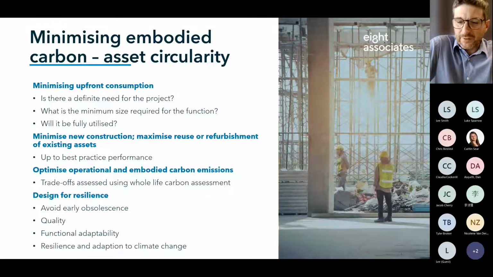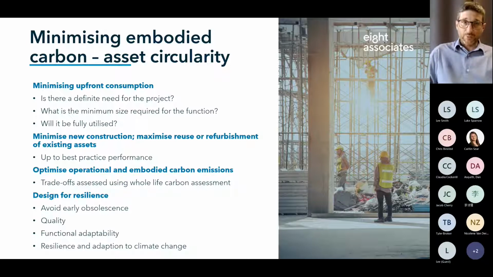If the building's orientation or other aspects of its design mean that it's going to overheat in the future, and therefore lots of measures have to be put in place, new materials installed or changes to the facades because of that, that again is an inefficient use of materials. So these things are good to consider from the offset.